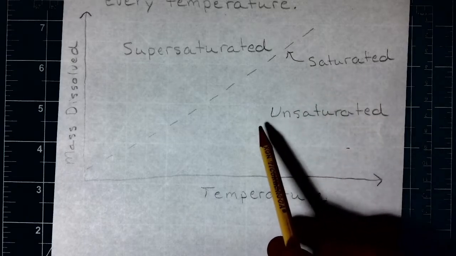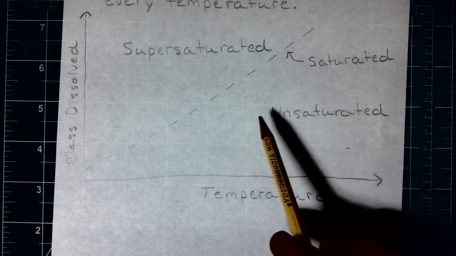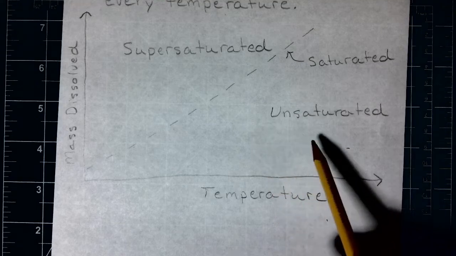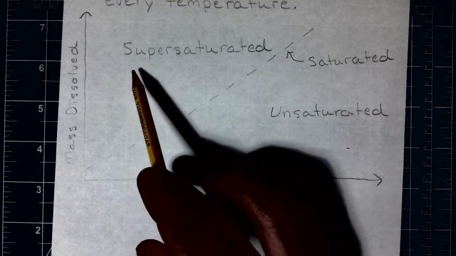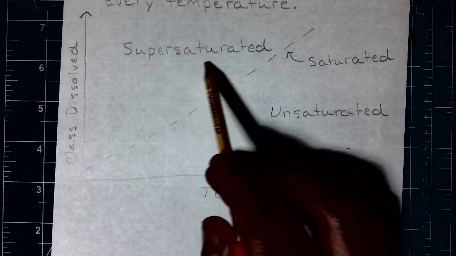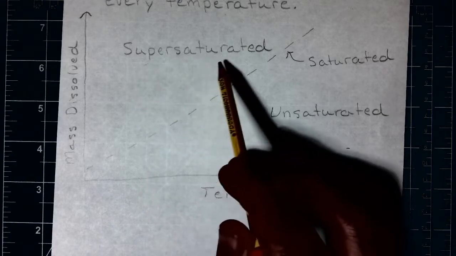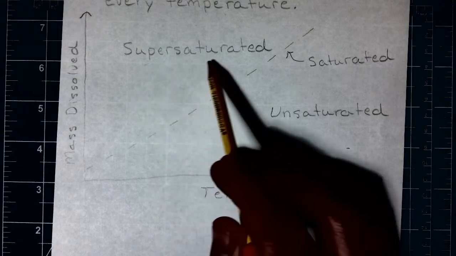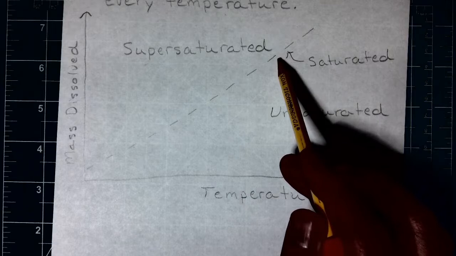Anything that is not saturated, meaning we still have more solute we could fit, is going to lie below this line. And it is actually possible to fit more solute than can actually be sustained within a solution, in which case we create a supersaturated solution, which is a little bit of a weird idea because I told you that this was a maximum.